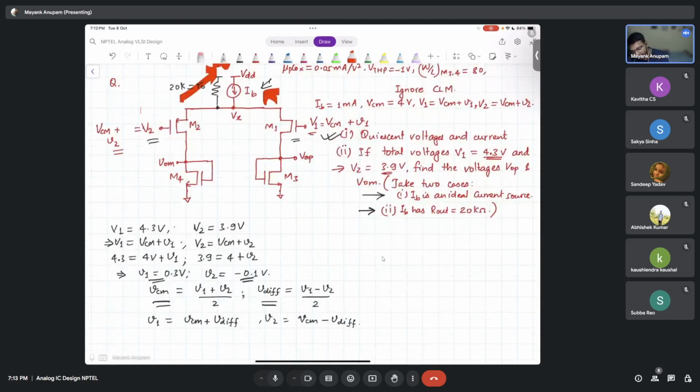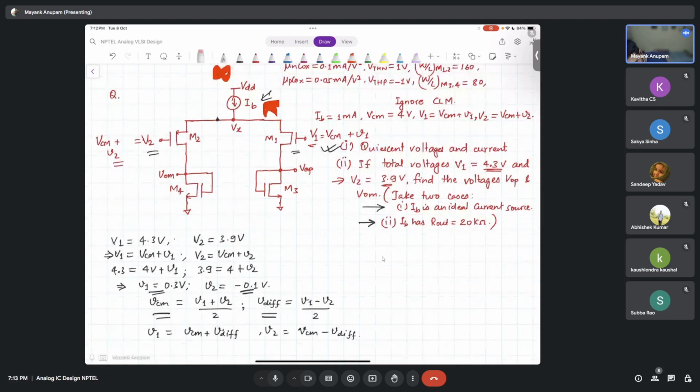If you have applied any small signal common mode at the input, what should be the small signal common mode at the output? So that is common mode gain, right? Because of the common mode at the input, what is the common mode at the output? That is the common mode gain. So tell me what is going to happen if your RO is infinity.